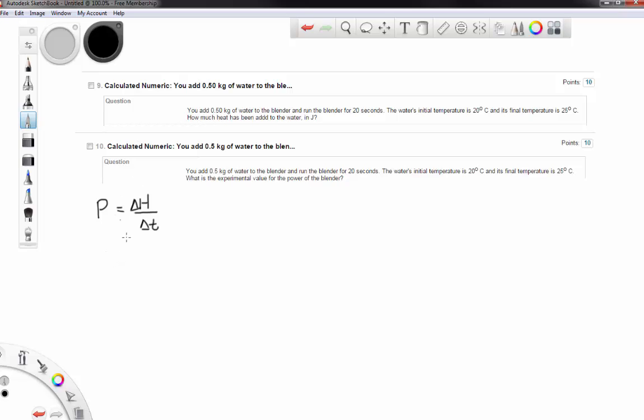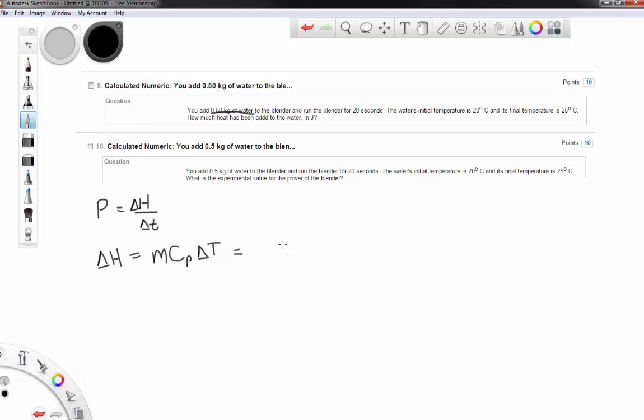So how much heat was added? That's what number 9 is asking. How much heat is added, I put as a delta H. Basically, what you use is the equation that the heat added to an object is the mass of the object times the specific heat capacity times the change in the object's temperature. So what is the object in this case? Well, it is 0.5 kilograms of water.